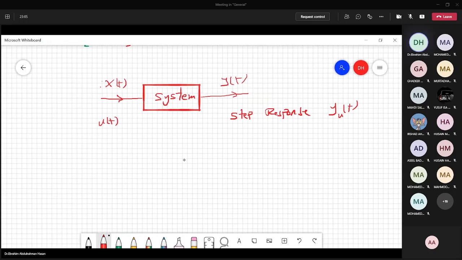And similarly, if you have a ramp of t, then here you will get the ramp response, y r of t. If the input is delta t, then here we call it the impulse response.